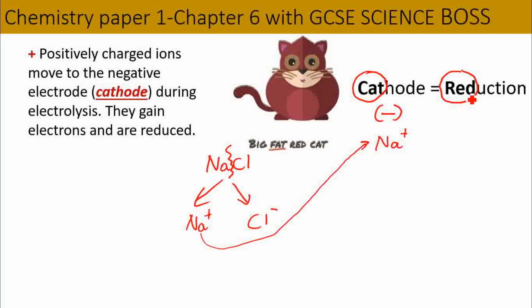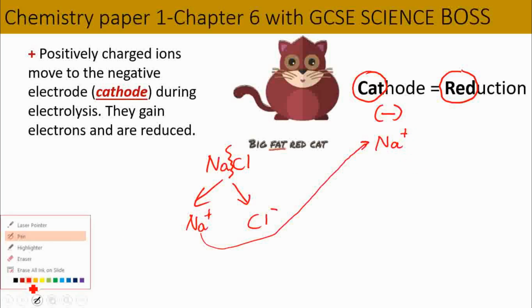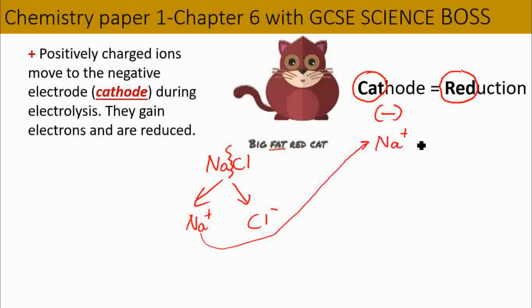It's going to become reduced. And what do I mean by reduced? Reduced means that you're gaining electrons. So it's going to gain 1 electron and it's going to change into Na by itself. This process is called reduction. This is the half equation for reduction.